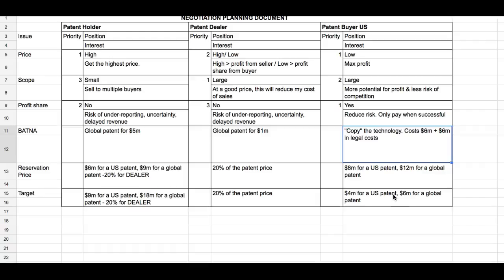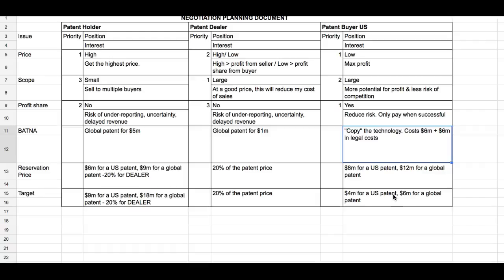Exactly. So 6 at least, and the holder will also have to make clear to the other side that he will go to court if they try to do that. So the additional cost is not only the cost of technology, but also the cost that he will go to court, because he will sue them.